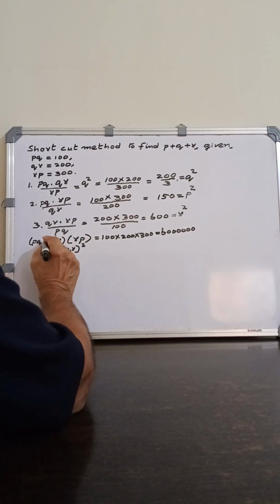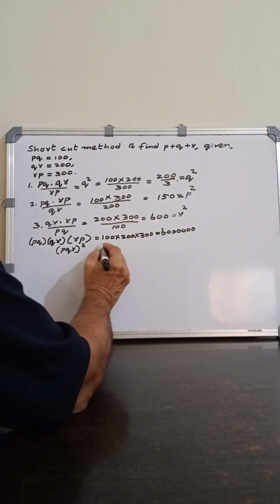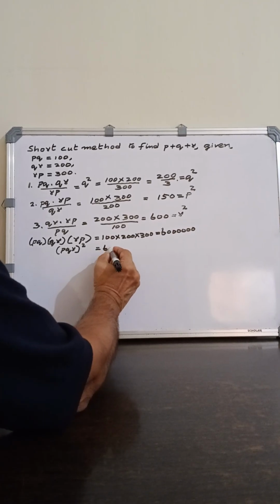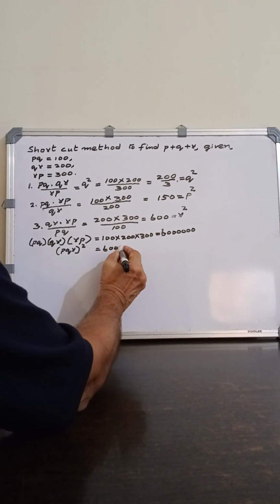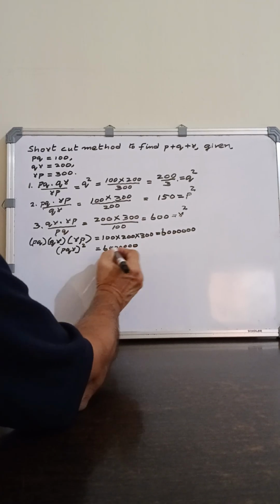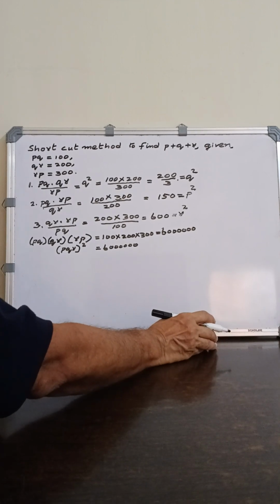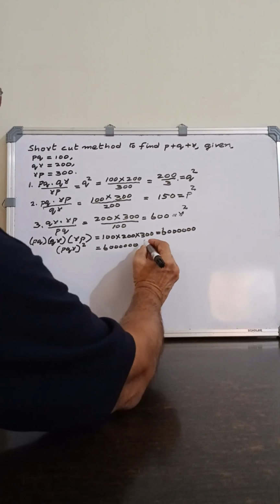P squared, Q squared, R squared. That is PQR, the whole squared equals 6 followed by 6 zeros.